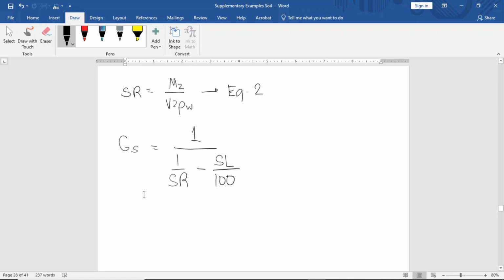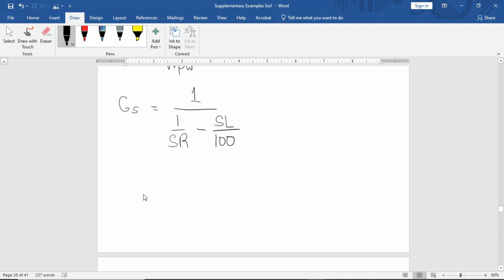Ang given natin, ang GS or the specific gravity, is 2.7. So, 2.7 is equal to 1 all over (SR minus SL over 100). So, ang SL natin is 19 over 100.